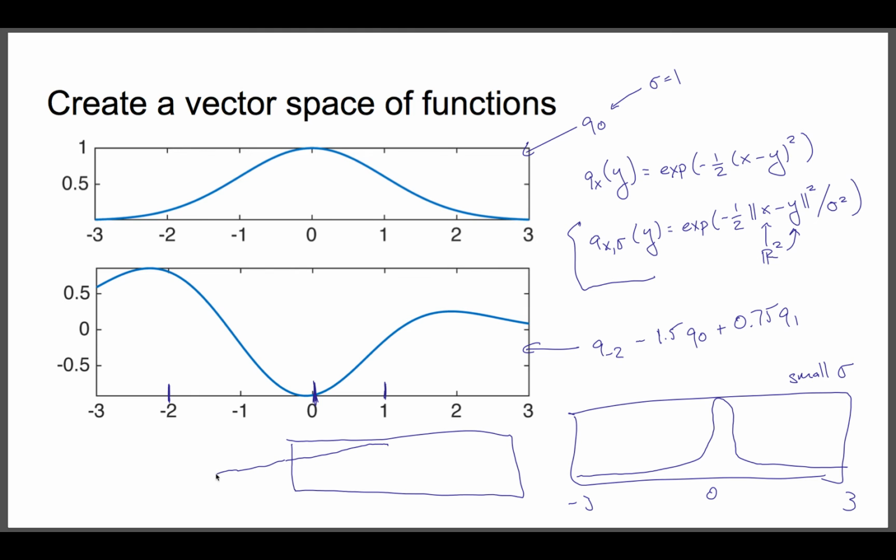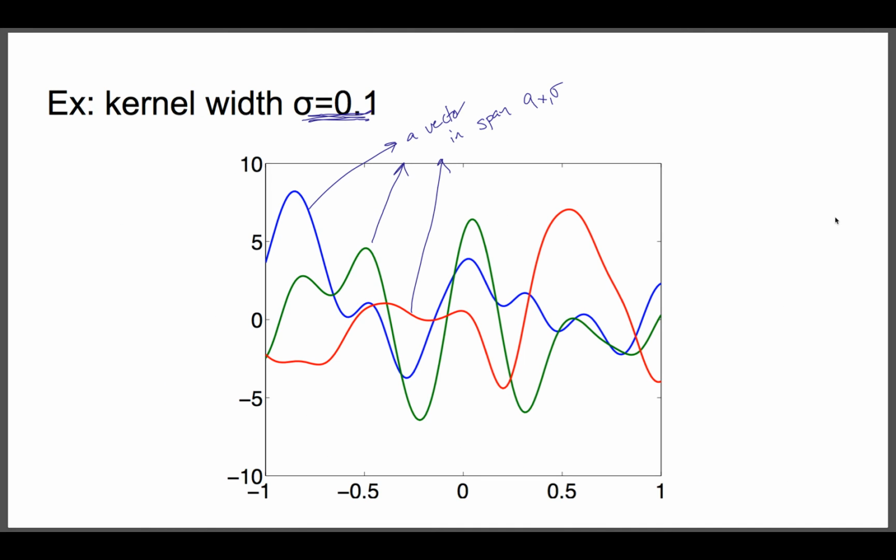It won't go down to 0 until it's way out here. So if you want to, you can plot this function in your favorite plotting program and plug in different values of sigma and different values of x. So x here is the center, and sigma determines the width of the bump. And I have some examples here with different sigma.